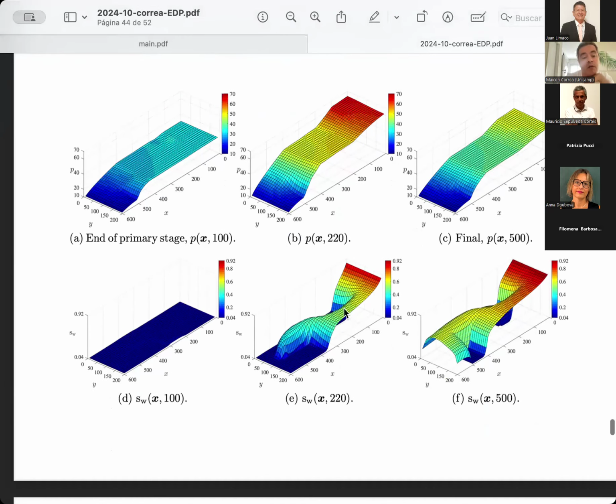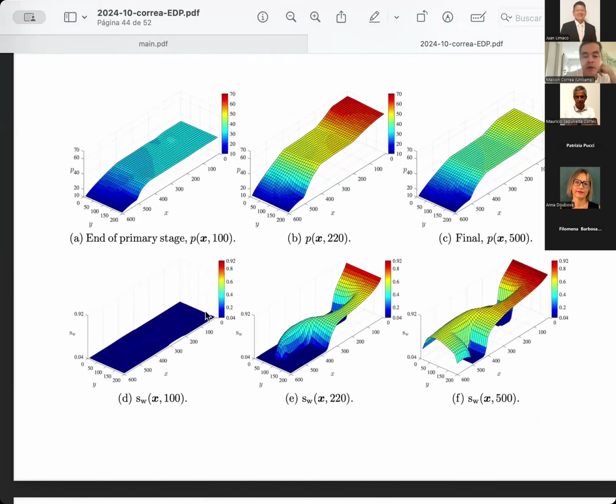And here is the profile for the saturation of water. See, here at 100, you start injecting water, and this is the solution for the water. And this is one solution that I want to show you, that is the solution for the gas. As I said, you start with the high pressure, you are depressurizing.